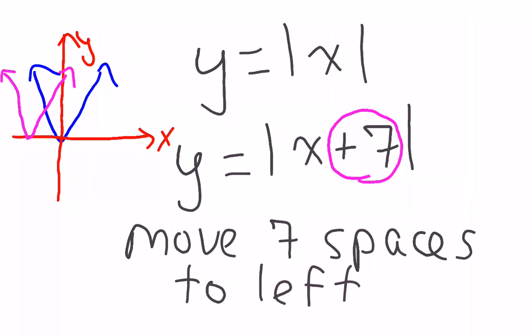I put the graph here so you can see what's going on in the background, but to answer the question, we really just need to write. We don't have to graph anything.